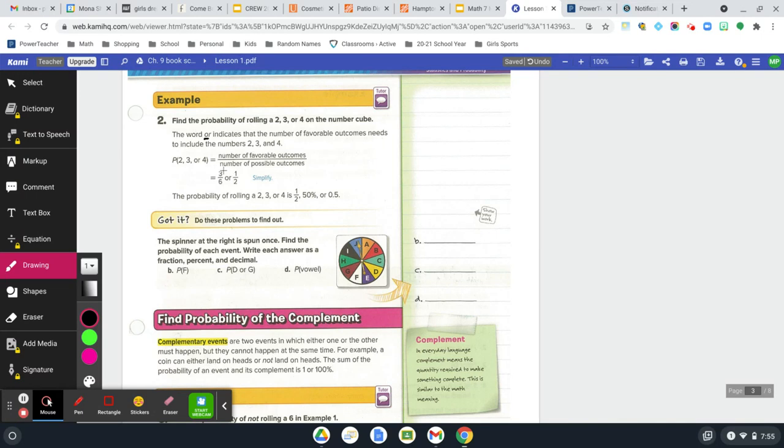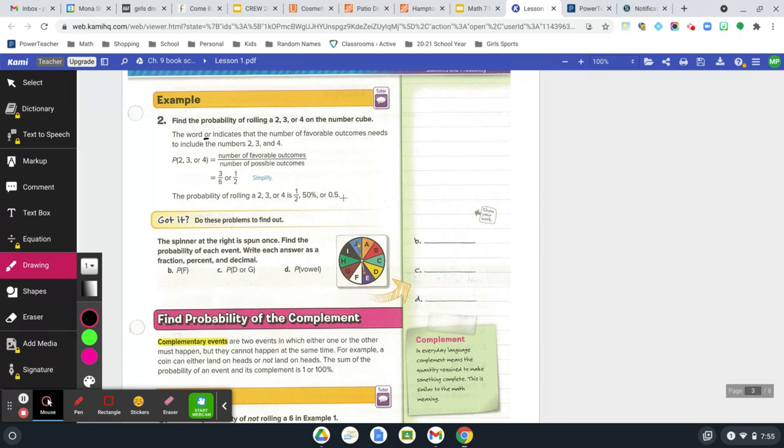And remember, we're talking about a number cube. We're talking about a die. So there's 6 total outcomes possible. So 3 out of 6, which is the same thing as 1/2. So the probability of rolling a 2, 3, or 4 is 1/2, 50%, or 0.5.